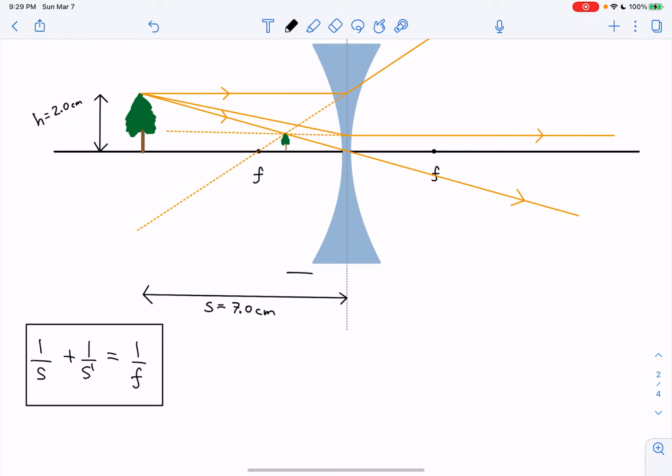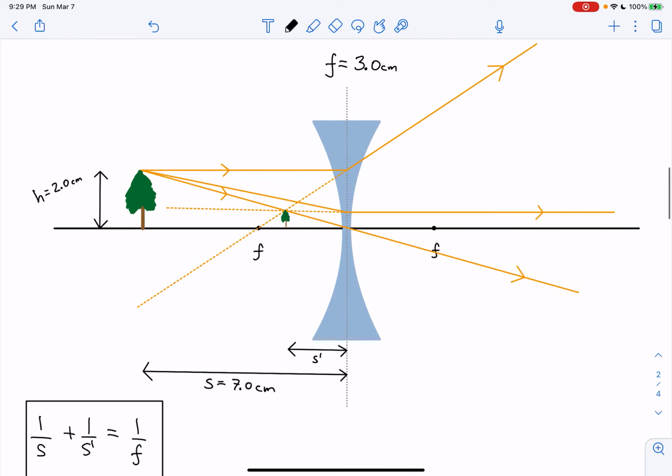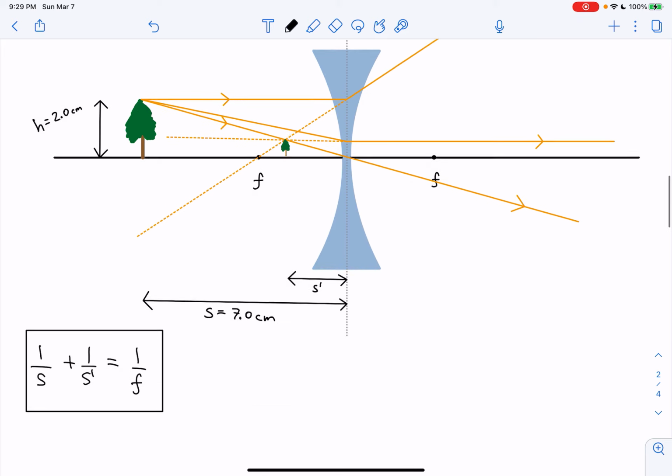We can also note our distance to the image, and we'll denote that as s primed. And we've already noted the focal length of 3 centimeters.